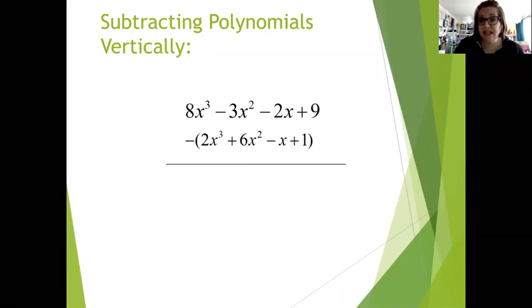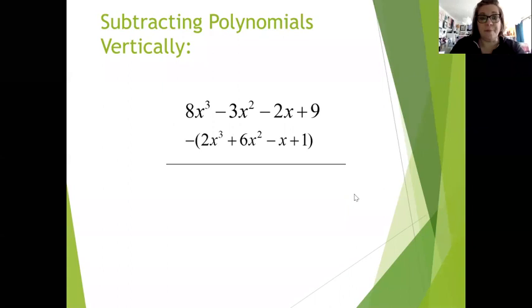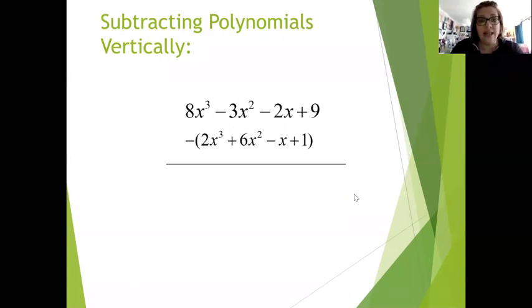This gets a little bit different because when we have the subtraction sign out front, it's like there's a negative 1 in front of my second polynomial expression here, and it gets distributed to everything within that second polynomial.